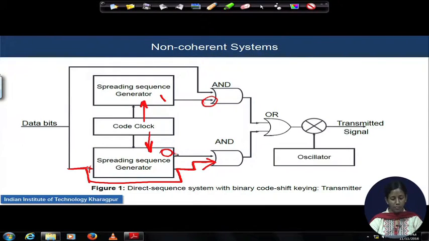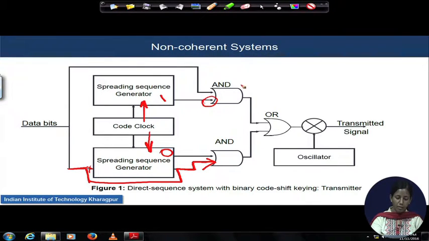So, for each and every data symbol you are using different spreading sequences, and remember at a typical instant either module 1 or module 2 is active. Based on which generator is activated for what kind of data bits coming, at a particular instant either symbol 1 will go or symbol 0 will go.